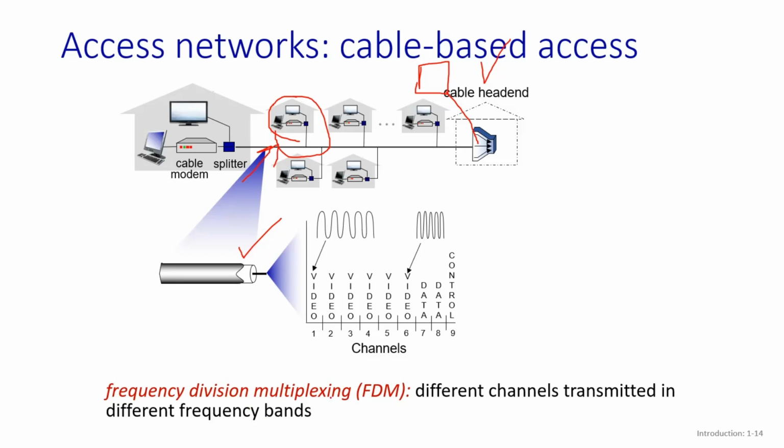So frequency division multiplexing means different channels transmitted in different frequency bands. So a different frequency band for the data and a different frequency band for the analog signals. So this is how we transmit both the data signals and the analog signals through one single cable wire, which in this case is a coaxial wire.